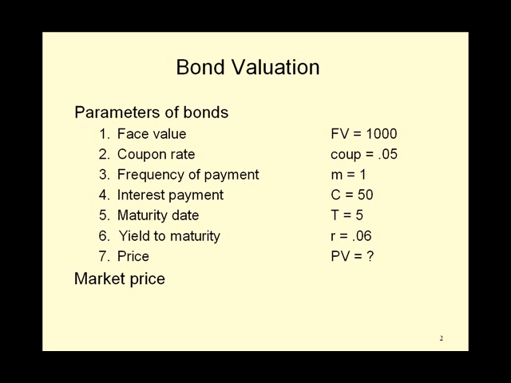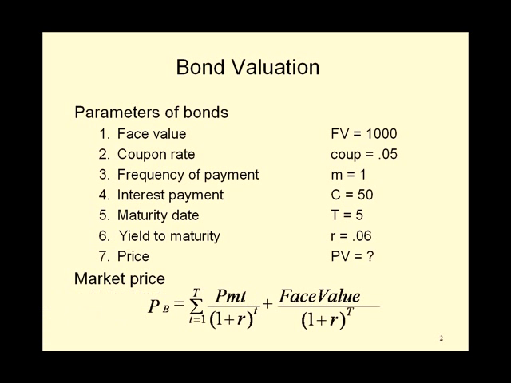So the market price of the bond is given by the following expression. Price of bond is equal to the sum from year 1 to the term of the bond of the interest payments appropriately discounted plus the face value of the bond appropriately discounted depending upon the term of the bond.